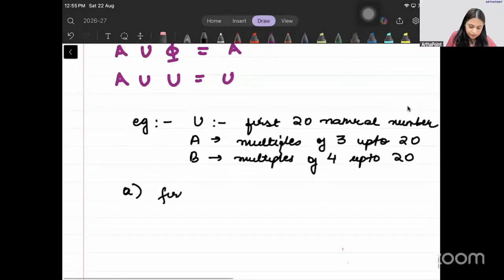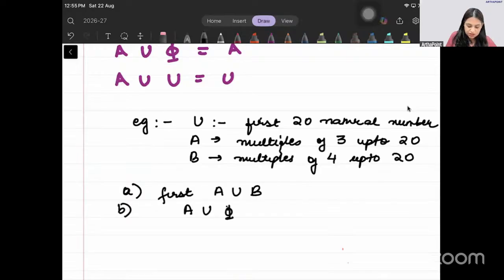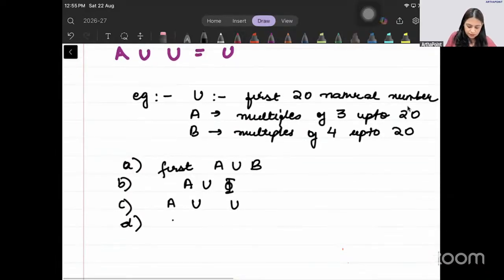Find A union B, A union null set, A union universal set, A union A. Give it a try quickly.